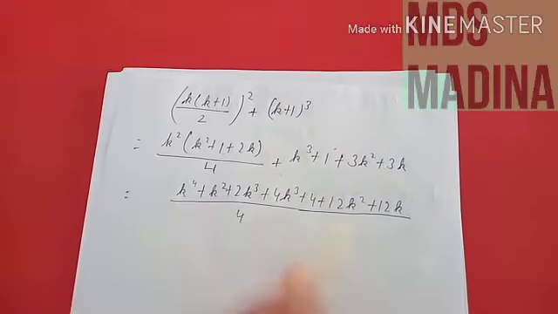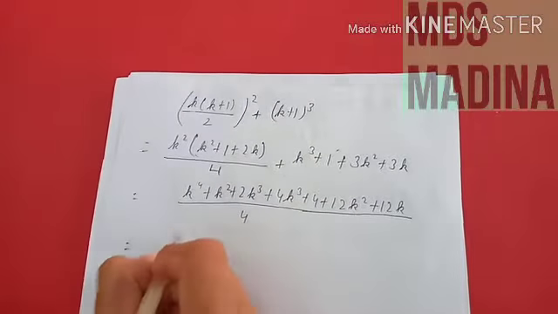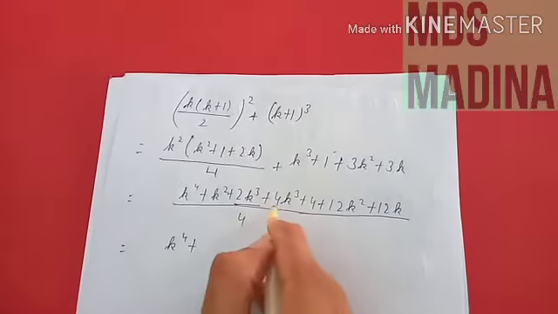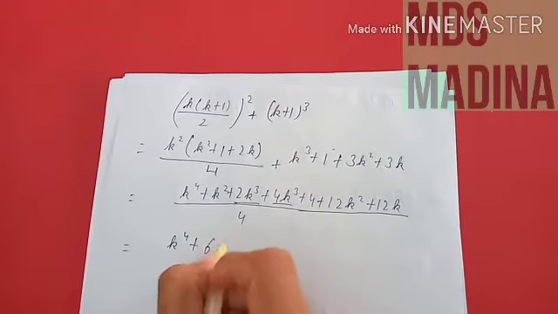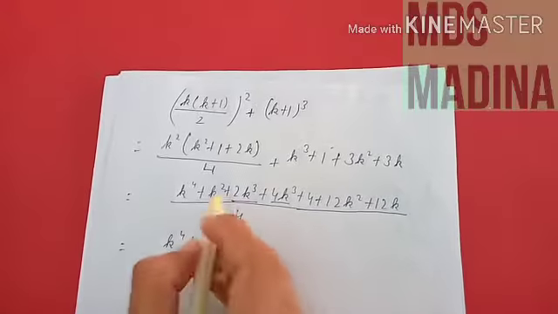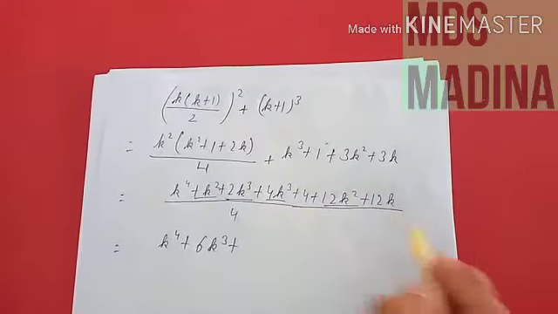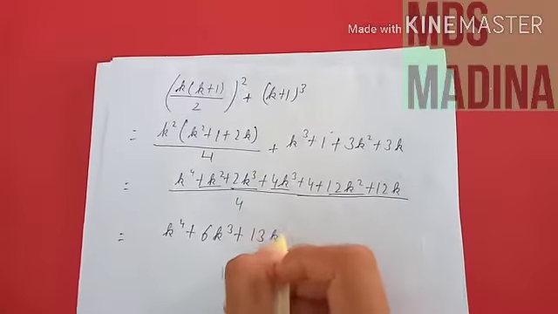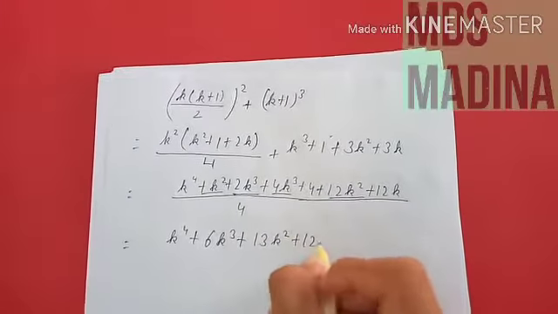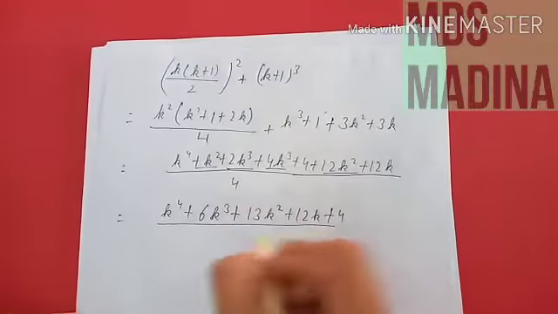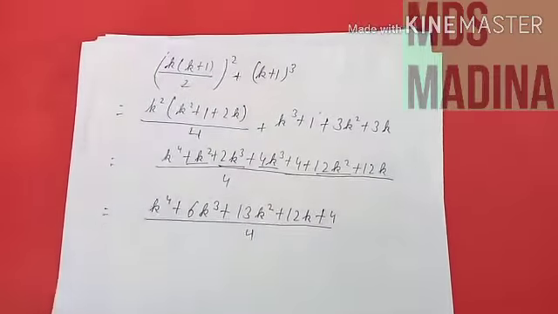Now we will add. So it will be k raised to power 4, 2k cube plus 4k cube, 6k cube plus k square plus 12k square. So that means 13k square plus 12k plus 4 by 4.